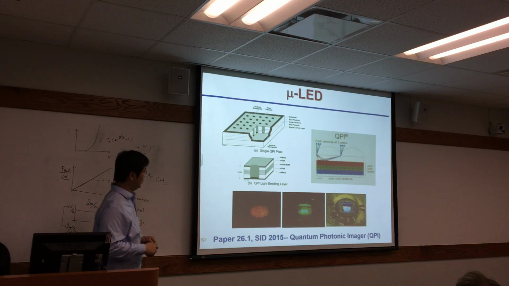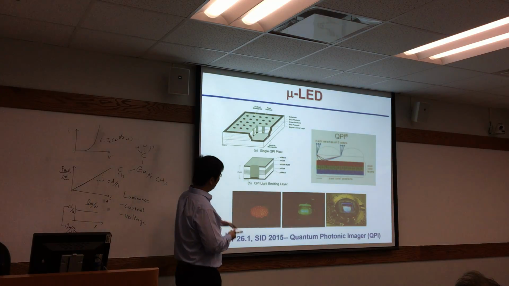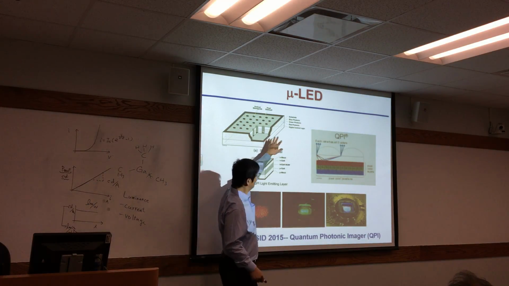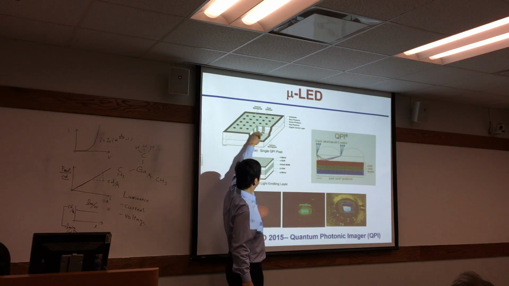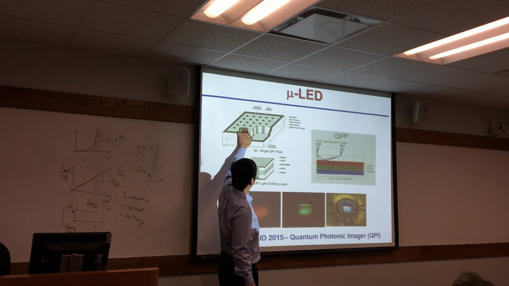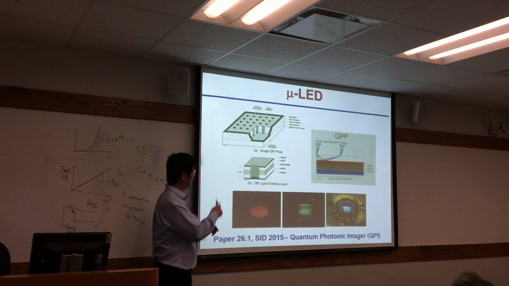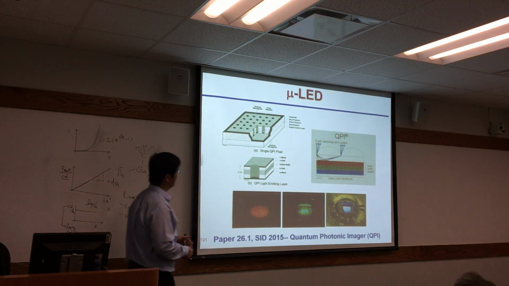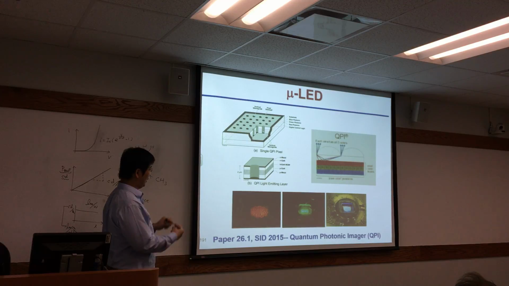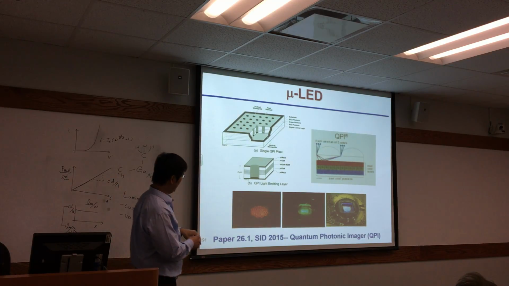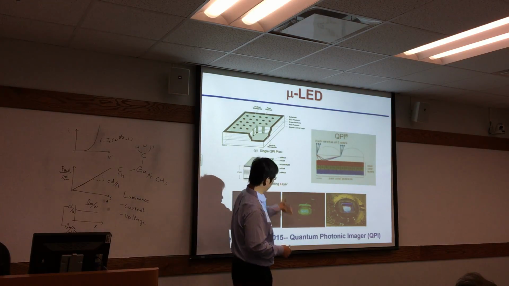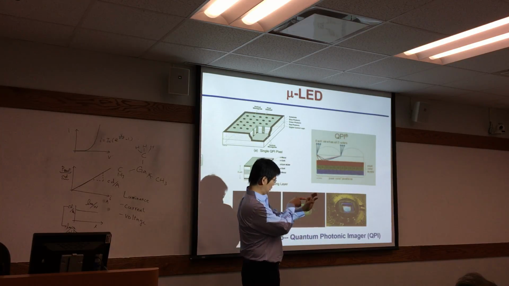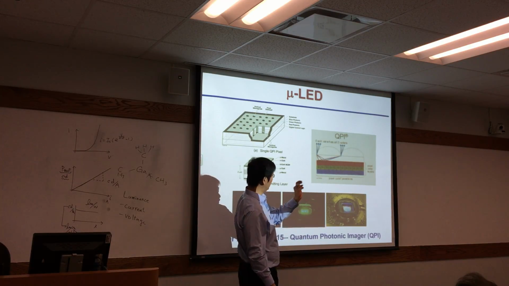What they did is a stack structure. They stack the red, green, blue components like that, and there's a hole. The hole is actually a waveguide, so the light can go all the way to the top. So we can see the red, green, blue image from the same position, and that is super small.